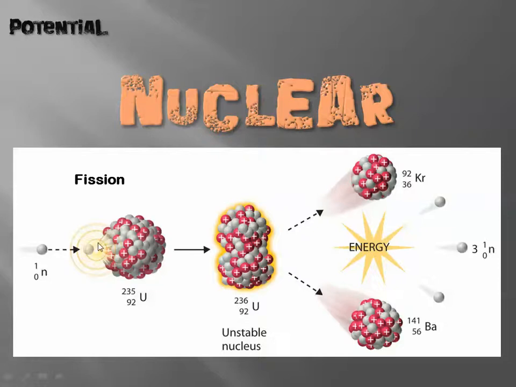So the nucleus is not very stable, especially when you add in an extra neutron here. And the nucleus becomes very unstable and actually breaks apart into two different atoms. You have krypton and barium that come flying off, and a huge amount of energy is released, an enormous amount of heat. And also 3 little neutrons.